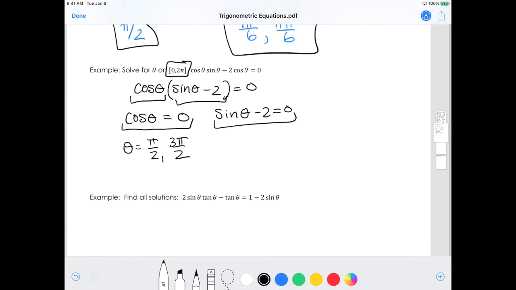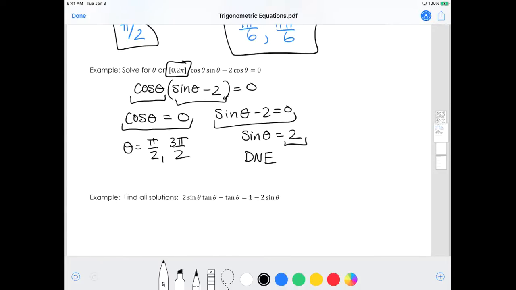To solve for sine theta minus 2 is equal to 0, I'm going to add 2 to both sides. And if you notice, this is bigger than 1. This is impossible. This does not exist. My cosine and sine functions have values that are always between and including negative 1 to 1.